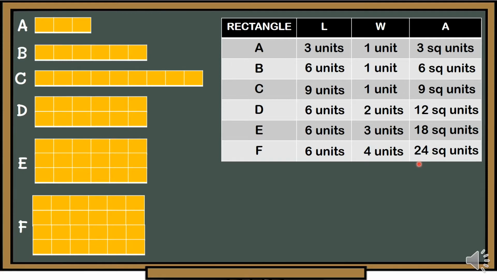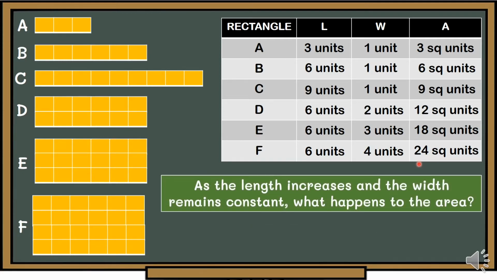The question now is, as the length increases and the width remains constant, what happens to the area? Considering rectangles A, B, and C, as you can see, as the length increases, 3, 6, 9, and the width remains constant, what happens to the area?